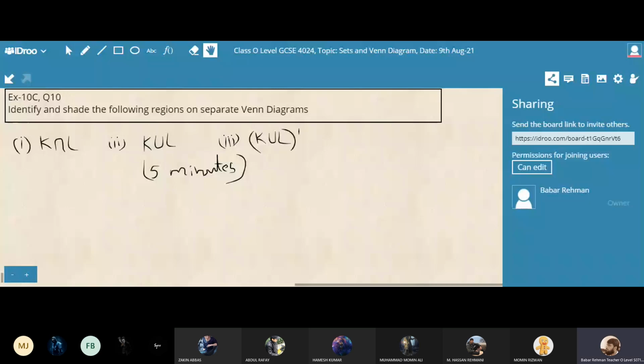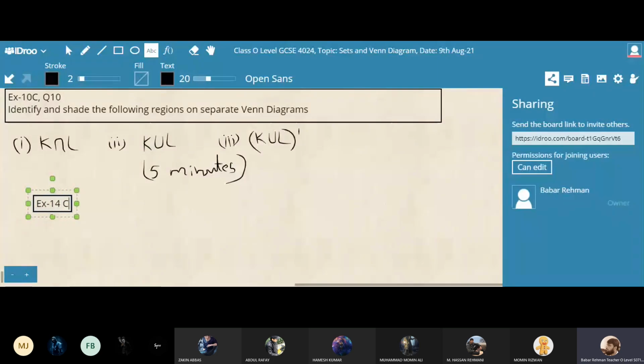A complete one is given to you related to this. Question number 18. All of you please open the book, question number 18 now. Look at this.